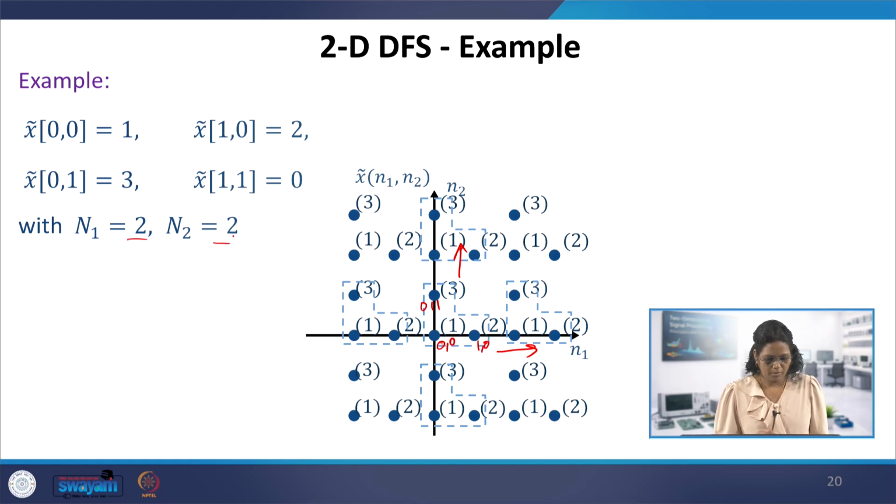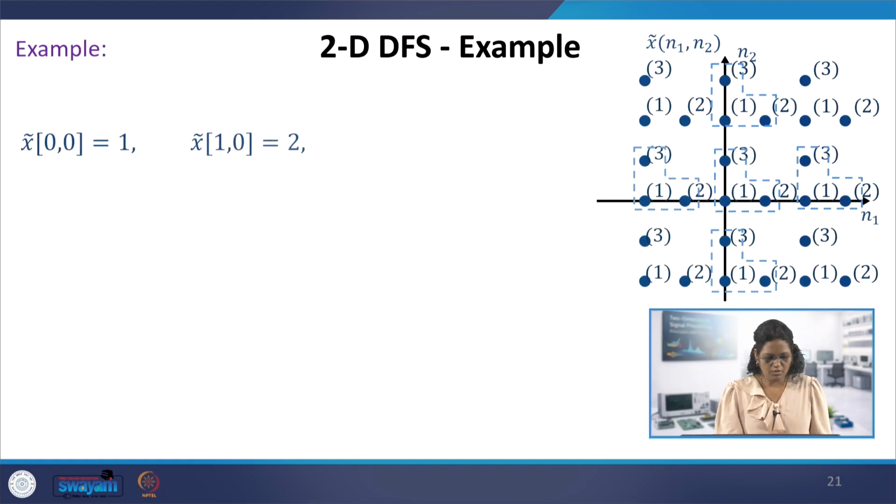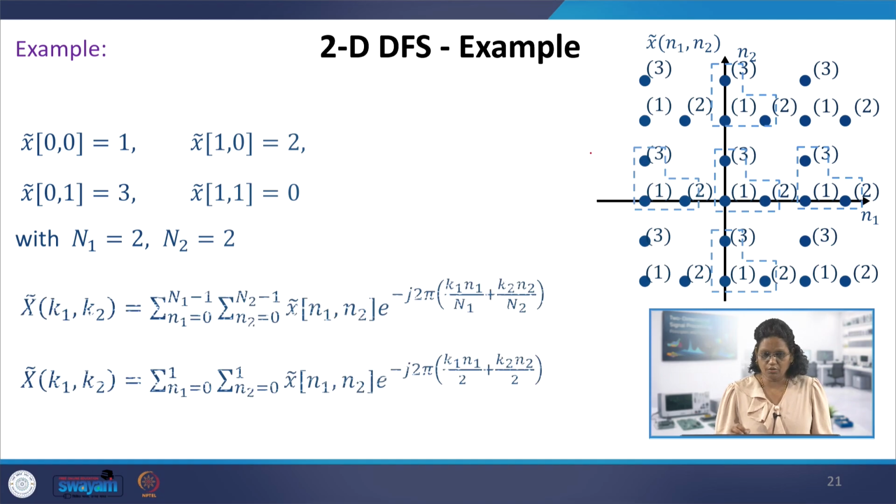So from the equations, how do we get the DFS? The DFS takes this signal times e power minus j 2 pi k1 n1 by N1 plus k2 n2 by N2. Here n1 and n2 take the values 0 and 1, so there are two values only.